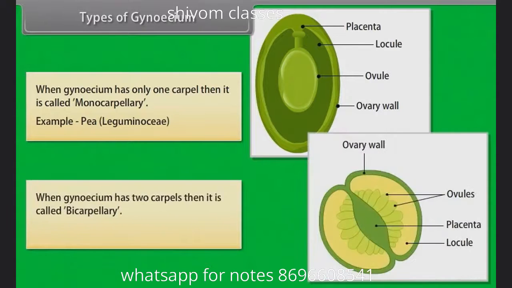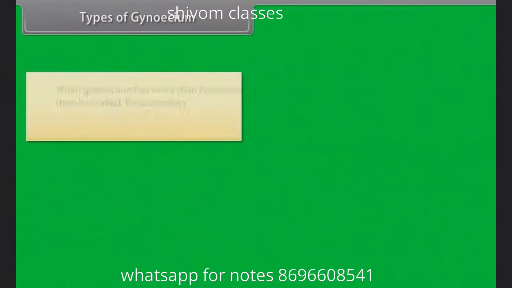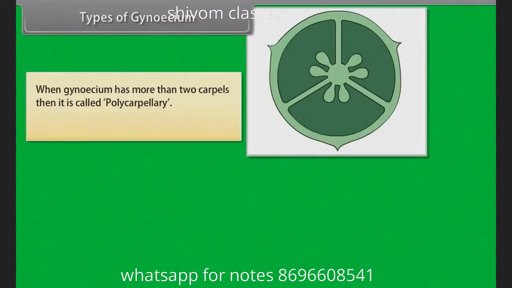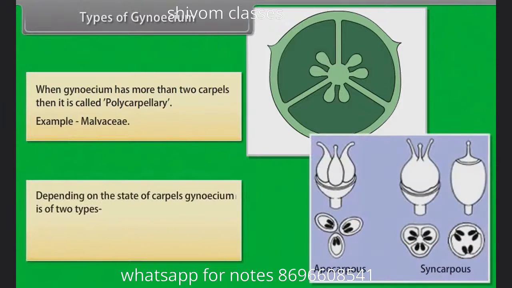When gynoecium has two carpels, then it is called bicarpellary. Example: Solanaceae, Cruciferae. When gynoecium has more than two carpels, then it is called polycarpellary. Example: Malvaceae.